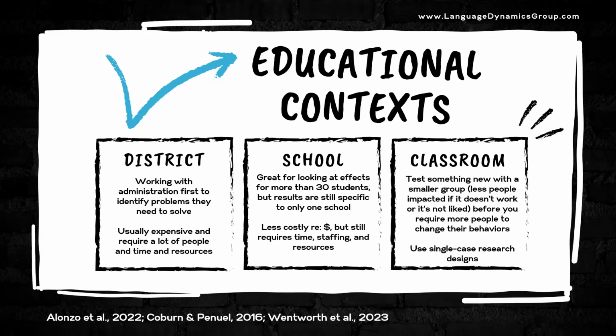So we're doing research that is a small N, called N of 1 designs in the medical literature, or single case in our educational and speech language pathology and related behavior analysis research world.